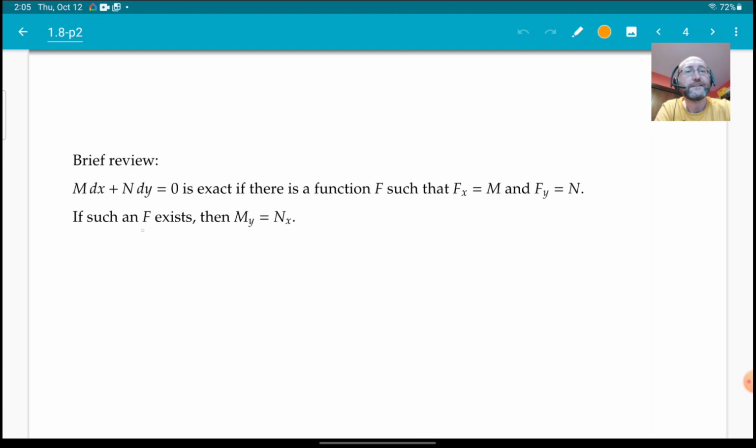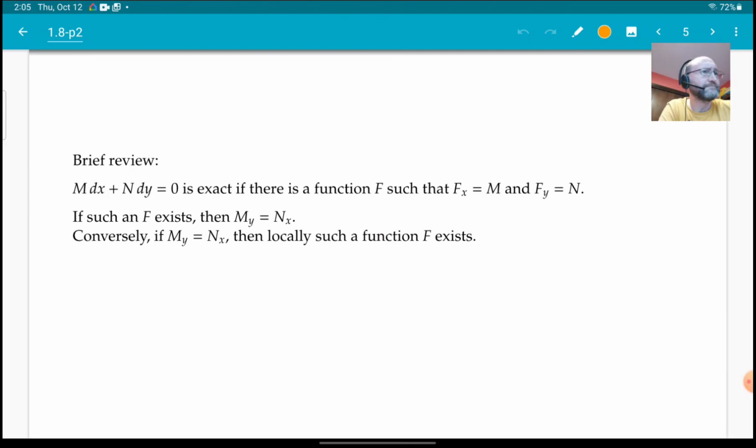So if such an F exists, then what we saw last time was that if we take the y derivative of M, which would be like taking the x and then the y derivative of F, that should be the same as taking the y and then the x derivative of F, which is the x derivative of N. And conversely, if we have this equation, then you can find such an F at least locally.